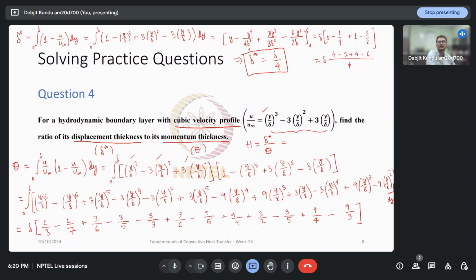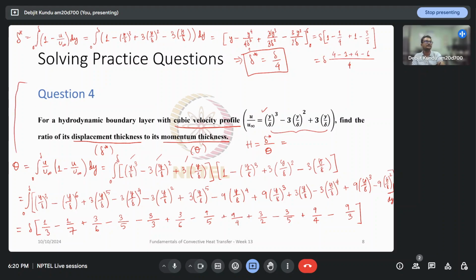What do you think would be the common one? 42 into 5 should give us 210. Is that the minimum? 210 by 2 should give me 105, but that's not divisible by 2. So yeah, we have to do 210.